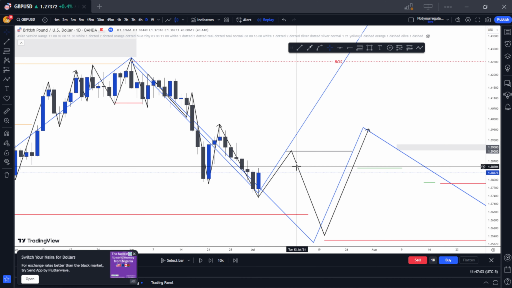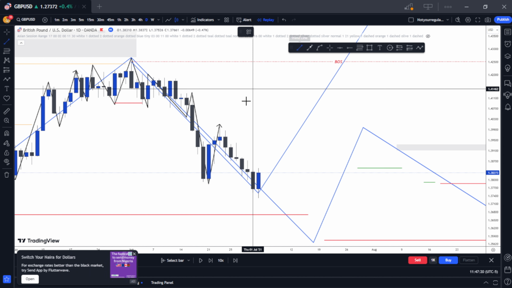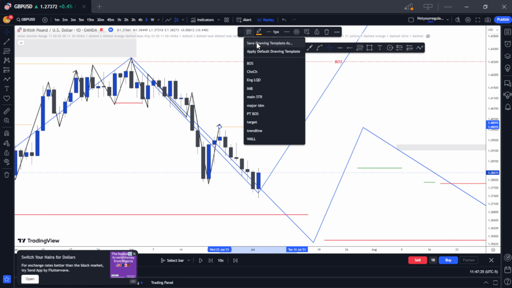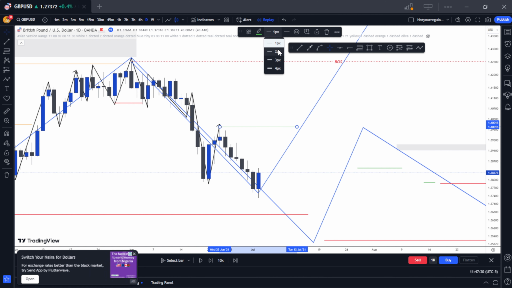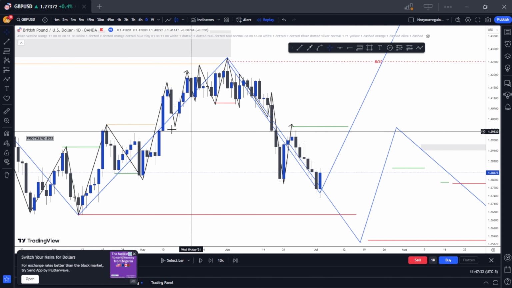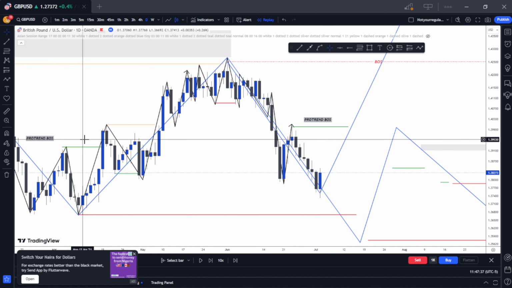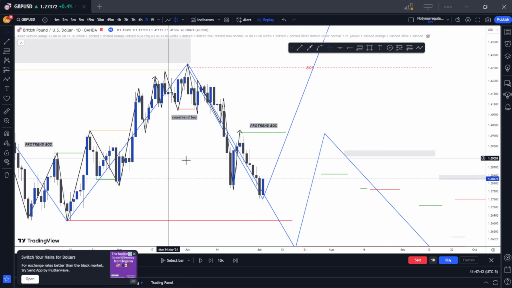Assuming from this place nothing happened, this would have been our pro-trend BOS, which signals resumption of the higher time frame trend, and this was our counter trend BOS.